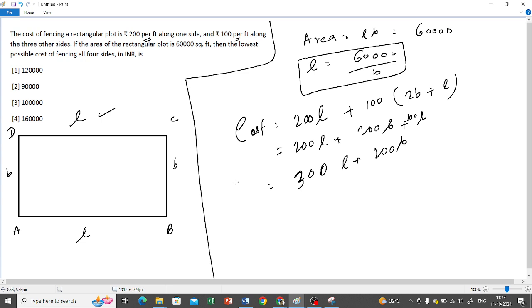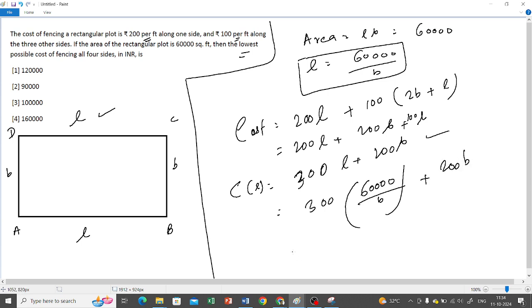Okay, so this is the cost function. It is called the cost function. I need the lowest possible cost, so I need to minimize this thing.